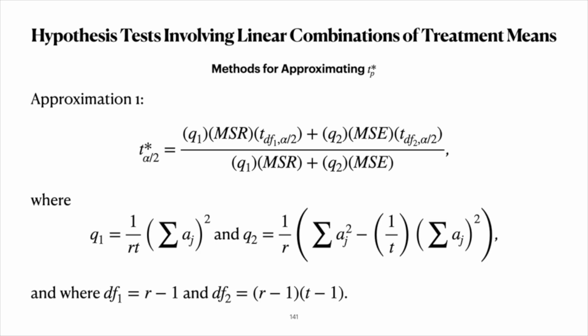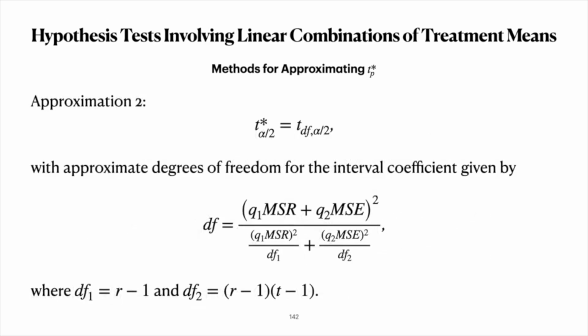And the other method, approximation method 2, is given by this slide. We can see here that in this particular approximation, what we're doing is approximating the degrees of freedom, and then we obtain the upper alpha over 2 percentage point from that approximate t-distribution, the t-distribution possessing the approximate degrees of freedom given by this formula.